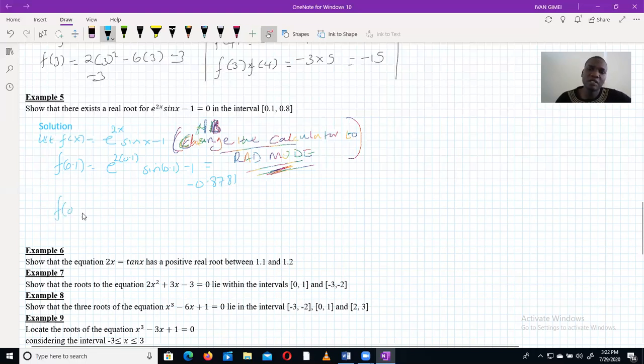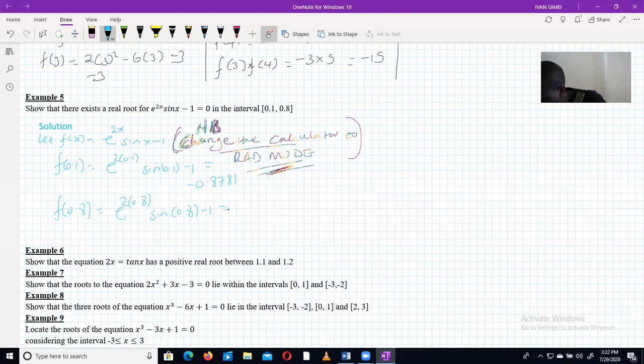Then my f of 0.8 will be the same as, of course, exponent 2 into 0.8, sine of 0.8 minus 1. That gives me f of 0.8, 2.5531.